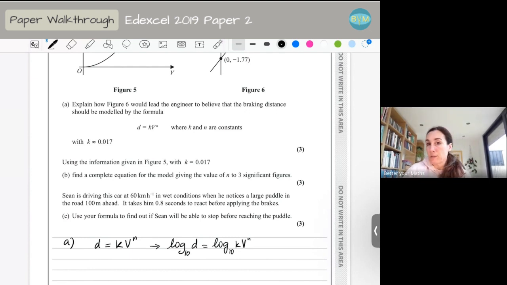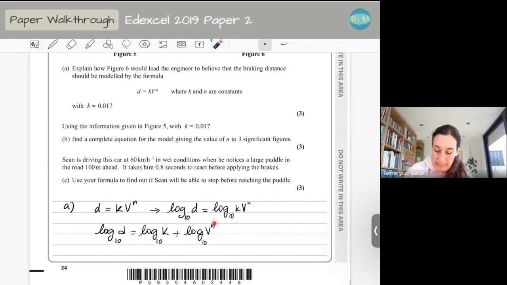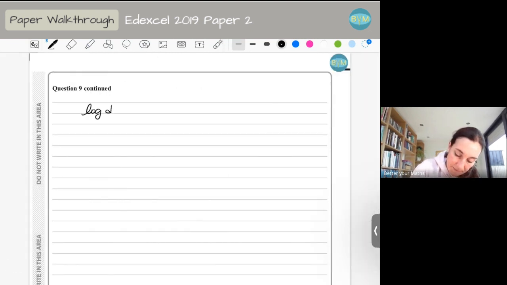Using the properties of the logs, I can write that log d is going to be log k plus log b to the power of n. And then again, using the properties of the logs, this n can go to the front. So I can write that log d is log k plus n log b.